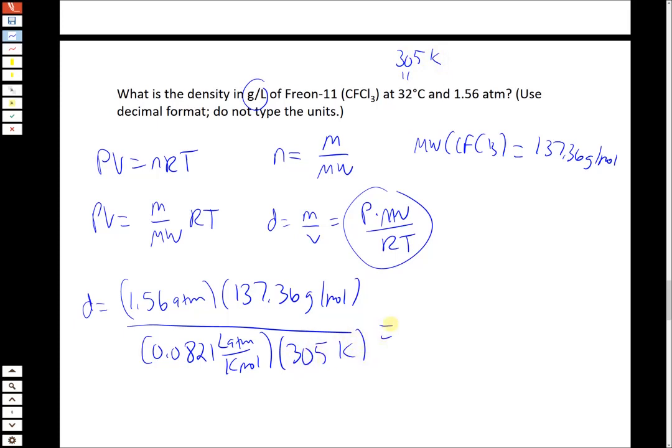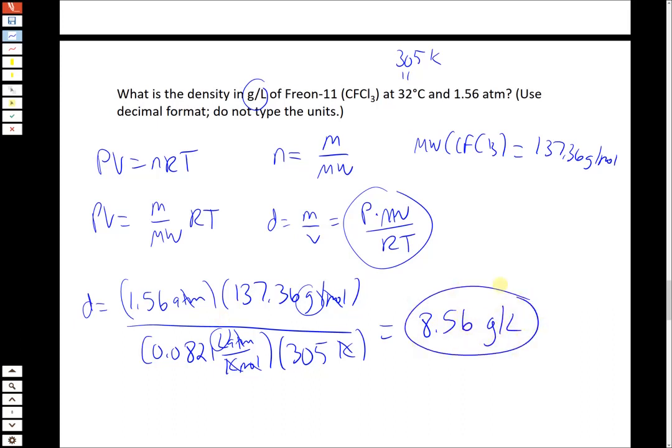Alright, so what that leaves us with is atmospheres canceling out, moles canceling out, Kelvin canceling out, and that gives us a density in grams per liter. Numerically, what this comes out to is, I got 8.56 grams per liter.